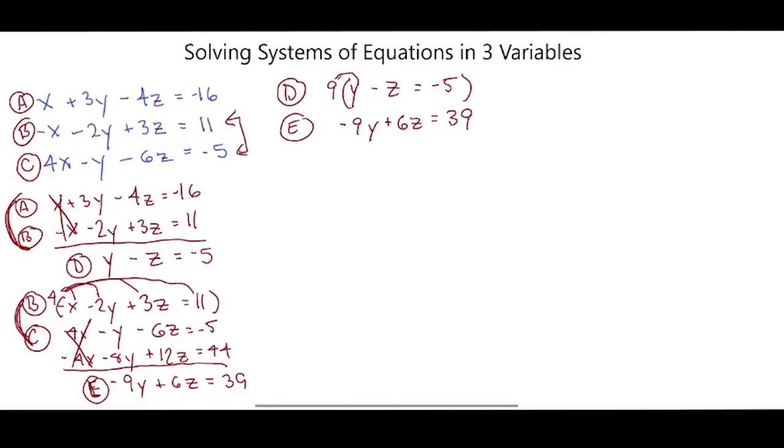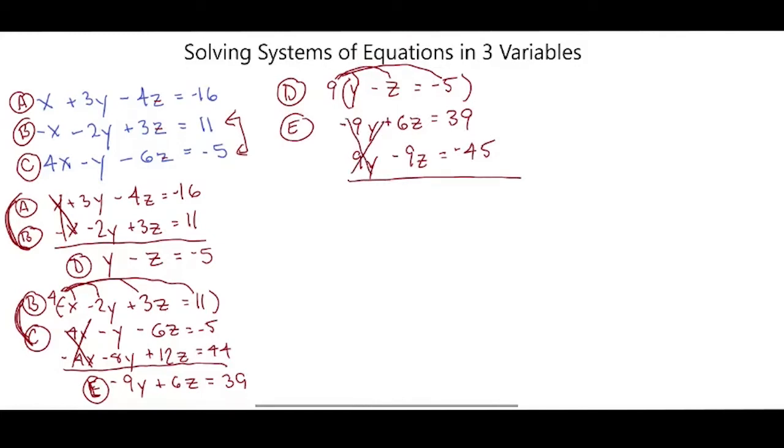So I have to do distributive property. I will bring that down underneath here. I have 9y minus 9z equals negative 45. Right? And we'll do linear combinations on this, and my y's cancel.